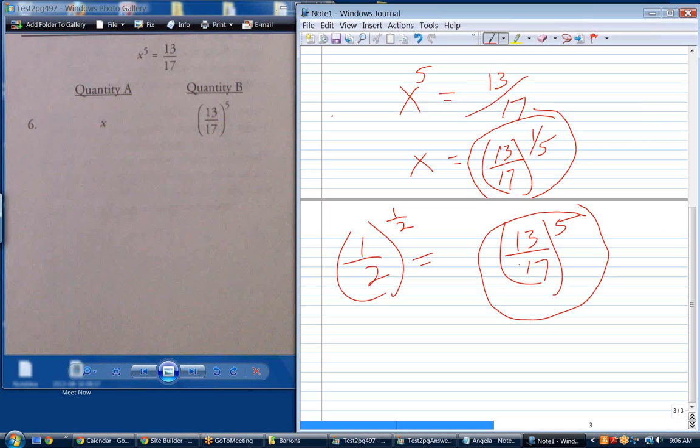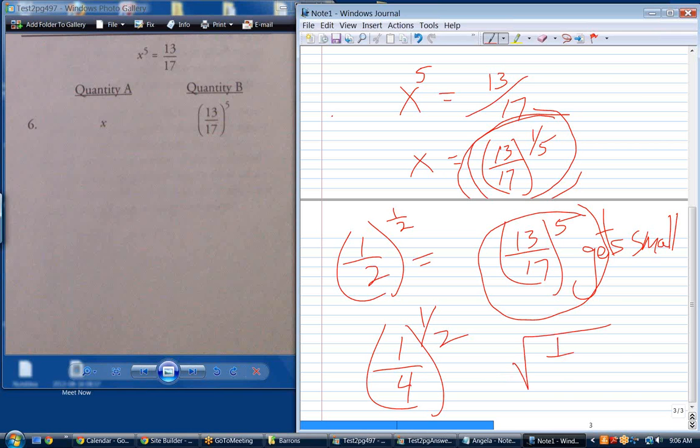In other words, this number that's less than 1, as we take it to a positive exponent, it gets smaller. So this one gets smaller. Now, since this is the opposite, it's the same number but taken to a fractional exponent, it gets bigger. It's just like if I said, what's 1/4 to the 1/2 power? Well, that's the same as the square root of 1/4, which is 1/2. So this 1/4 got bigger.